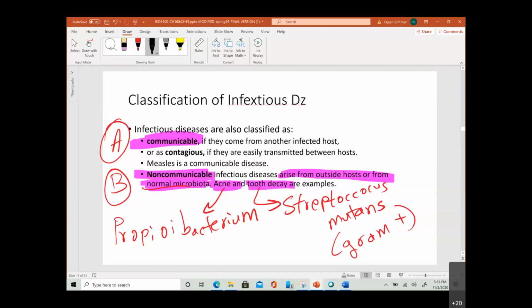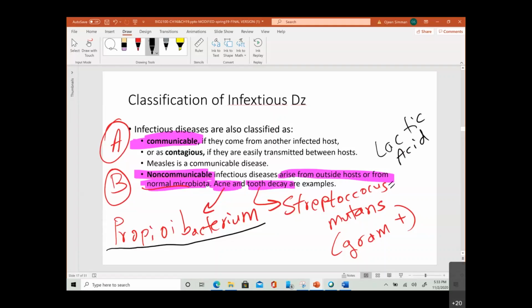I want you guys to know that acne is caused by a bacteria. Most commonly, it's caused by a bacteria called Propionibacteria. Tooth decay is caused by Streptococcus mutans, which is a gram-positive bacteria. Streptococcus mutans secretes lactic acid.